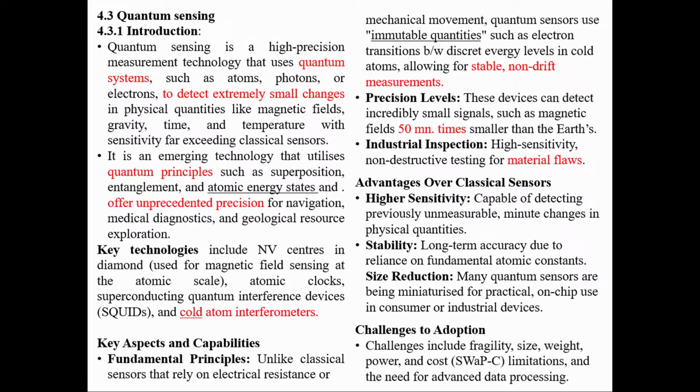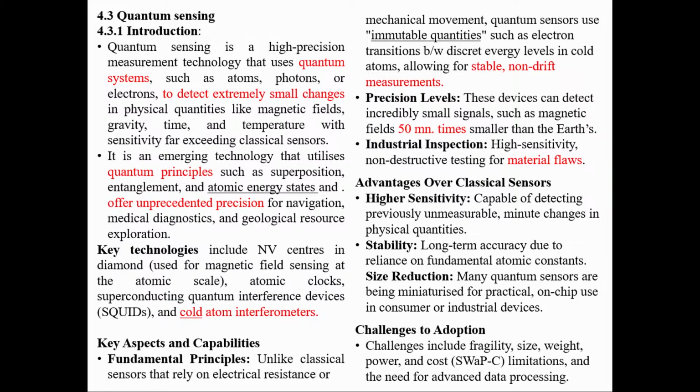Then quantum sensing, which is also a very interesting and useful topic. It is a high-precision measurement technology that uses quantum systems like atoms, photons or electrons to detect extremely small changes, like magnetic fields, gravitational fields, time, temperature and so on.